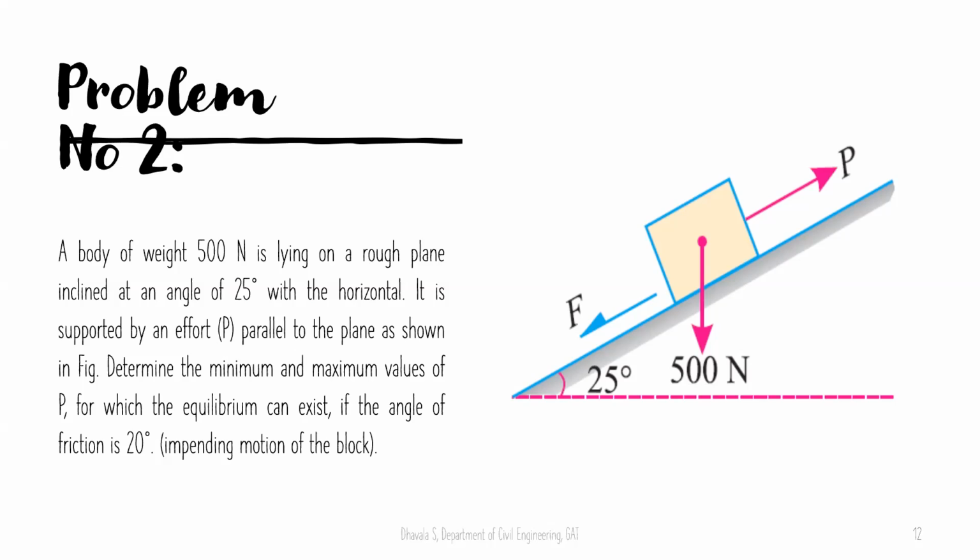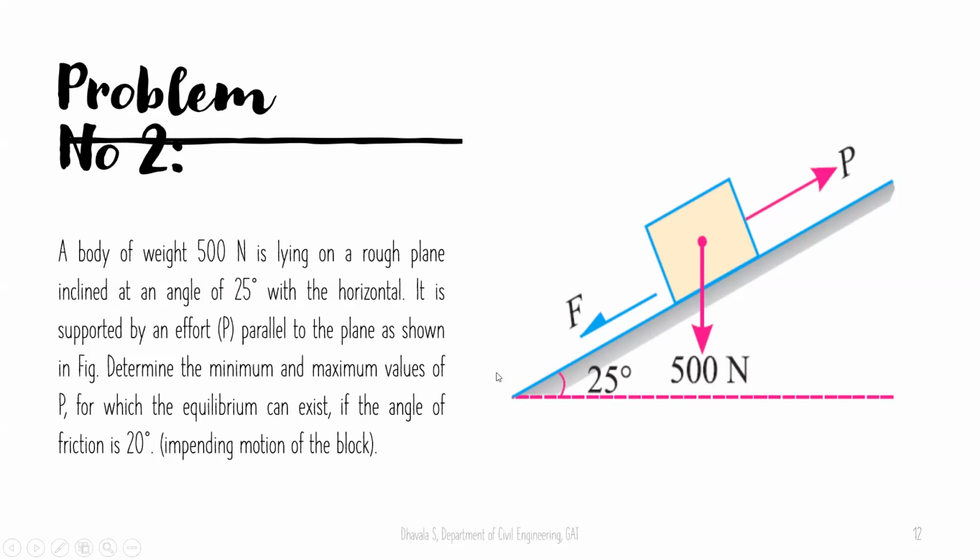So, we are supposed to find out the minimum and maximum value of P for which the box will remain in a state of equilibrium. That is, the minimum is the value of P because of which the box will not slide down. Not sliding down indicates that the system will be in equilibrium.